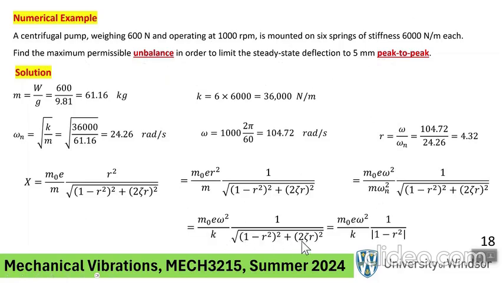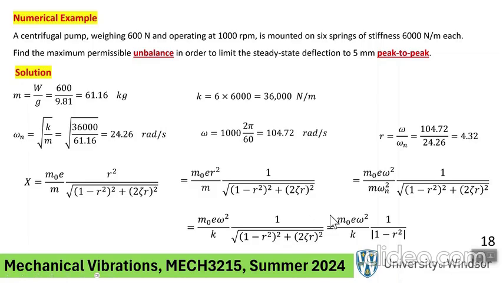When the damping is 0, this zeta goes away, because zeta is 0. What we don't know is this M naught times E.